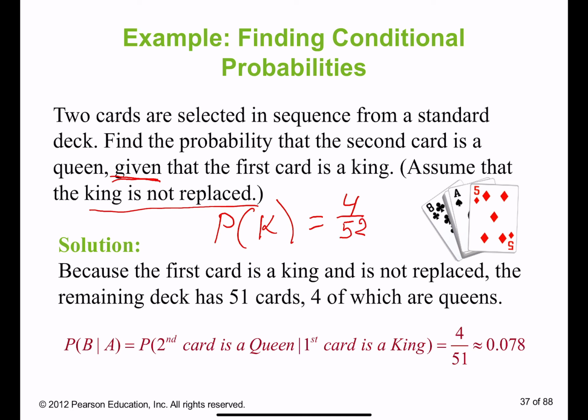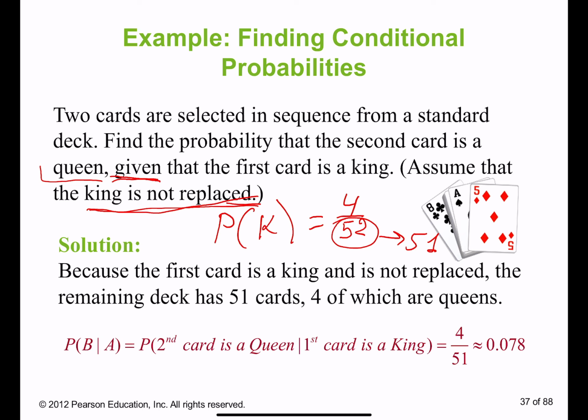Yes? All right. Now, the king is not replaced, which means we put it on the side. So out of 52 cards, how many will we have left? 51.